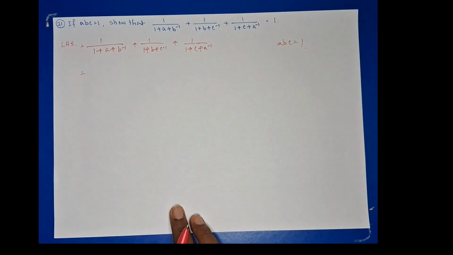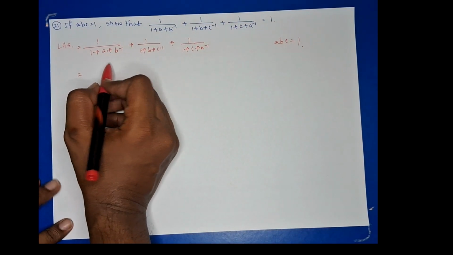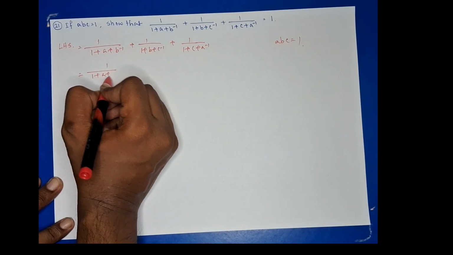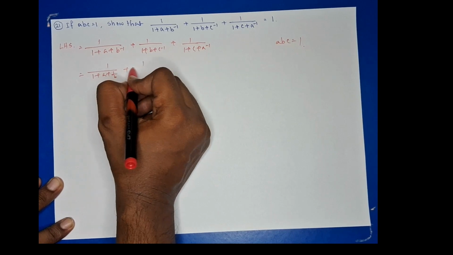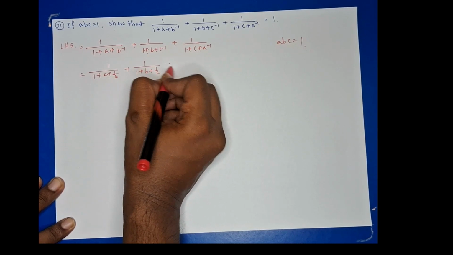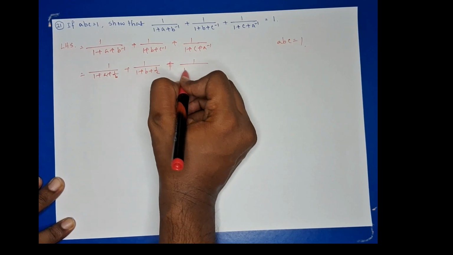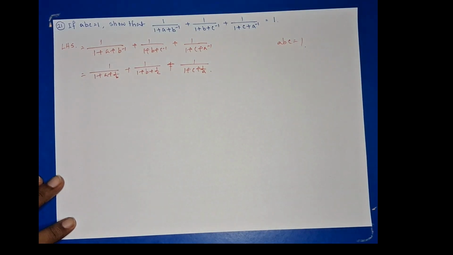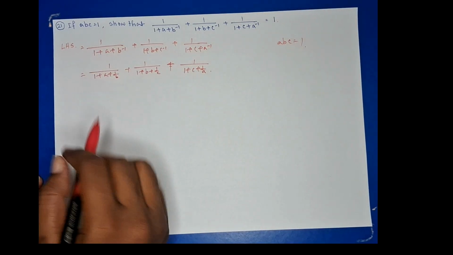How to solve? We will write it as 1 plus a plus 1 by b plus 1 by 1 plus b plus 1 by c plus 1 by 1 plus c plus 1 by a. This minus 1 we can write as 1 by a. That is what I have written.